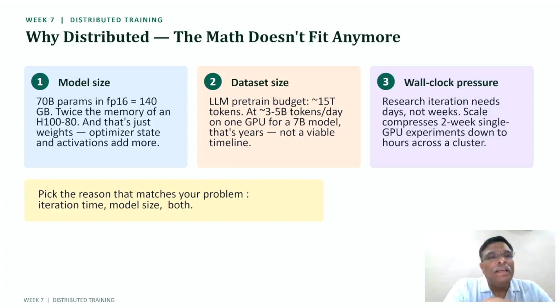So the idea here is to understand what we mean by model size. Let us say for an LLM, or for any model, we have about 70 billion parameters. If we assume each of these parameters uses FP16 for storing the data, we end up at about 140 GB.